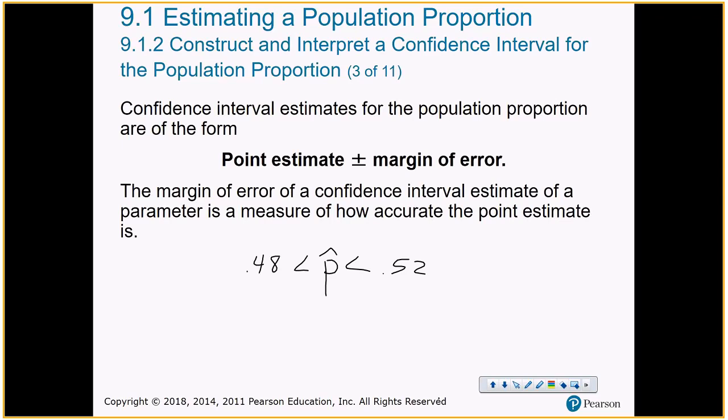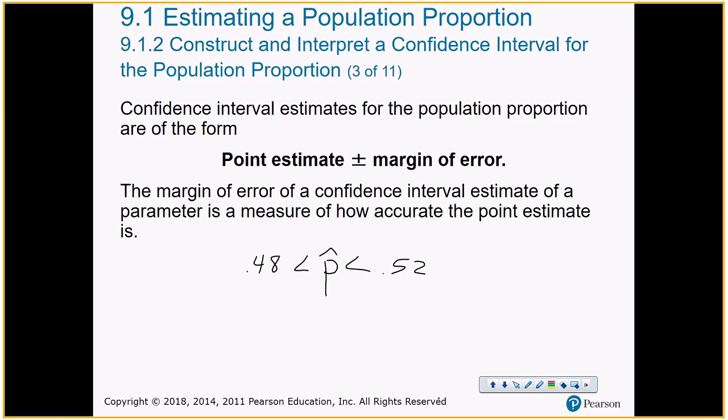Everybody got that? Now, if I give you 0.48 to 0.52, or 48% to 52%, what does that tell you about the margin of error? It tells you that it's 0.02, right? 2%. Then what is p-hat? Articulate and volume.